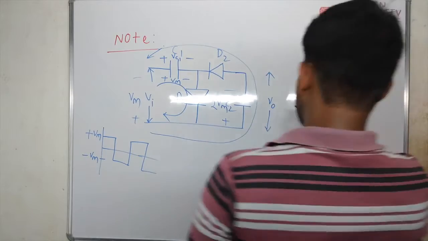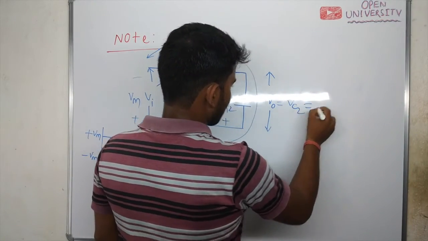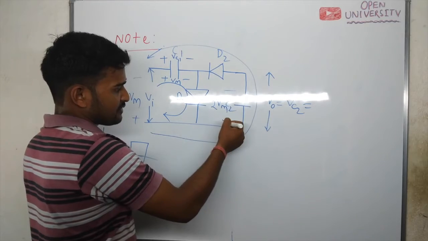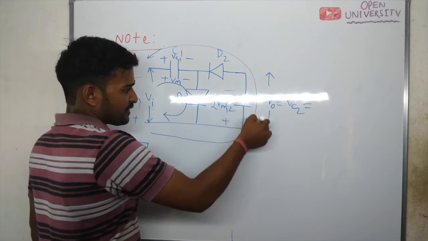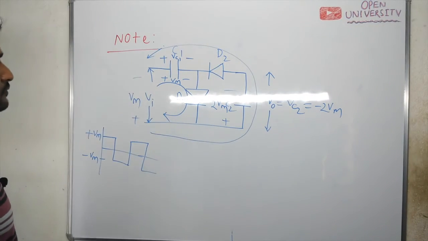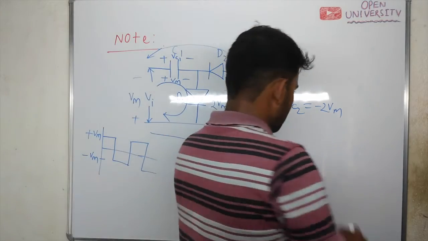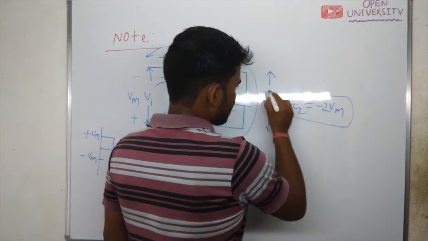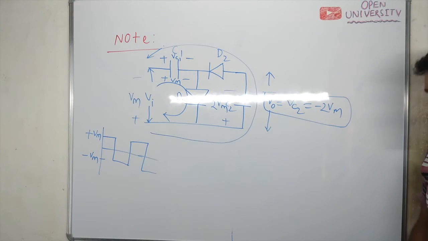Then what is the output voltage? You can say Vo equals VC2 equals what? If this voltage is plus 2 Vm, then the opposite is minus 2 Vm. So Vo equals minus 2 Vm. Output voltage is minus 2 times Vm. So if you reverse the diode connection, output voltage becomes minus 2 Vm, that is VC2 becomes minus 2 Vm and VC1 becomes plus Vm. Earlier, VC1 was minus Vm and VC2 was plus 2 Vm.